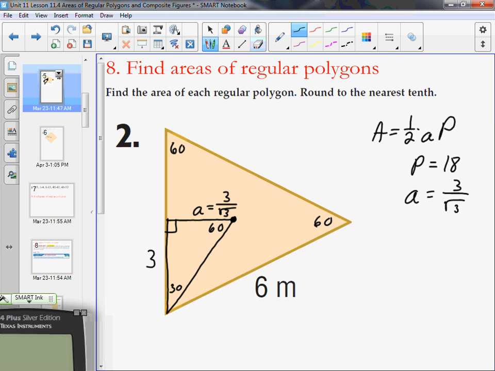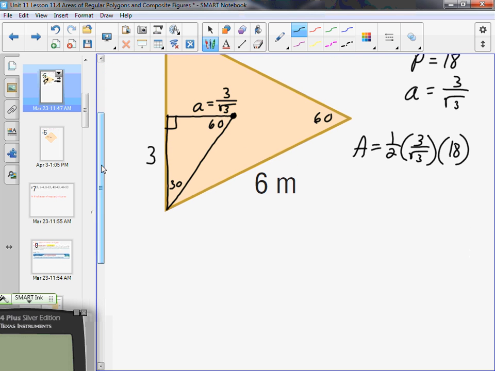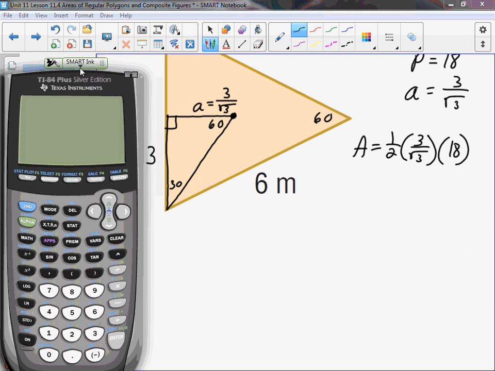And now we can get the area. Area equals 1/2 times 3 divided by the square root of 3 times 18. All right.